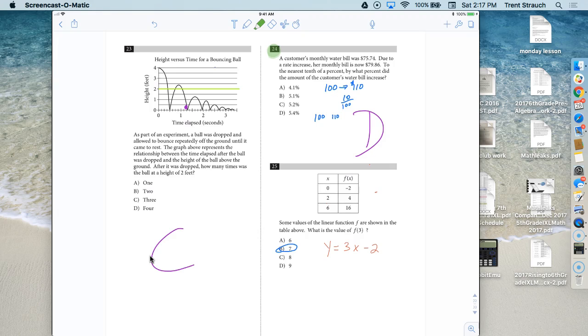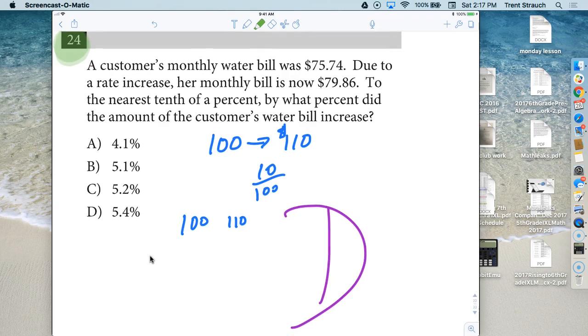All right, so look at 24. So percent of increase. The percent of increase is always the change divided by the original amount. The change divided by the original amount. All right. So we went from what?